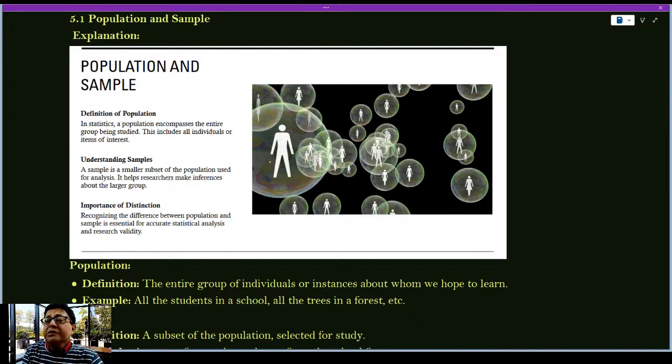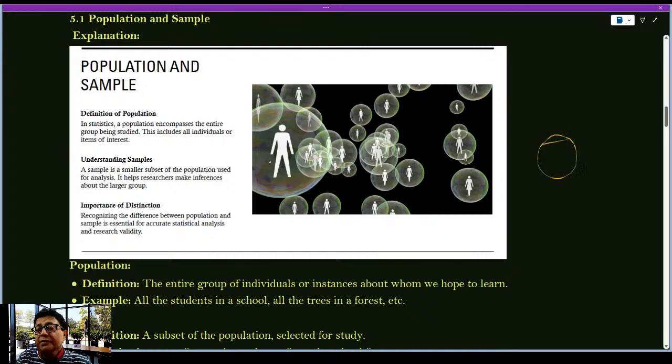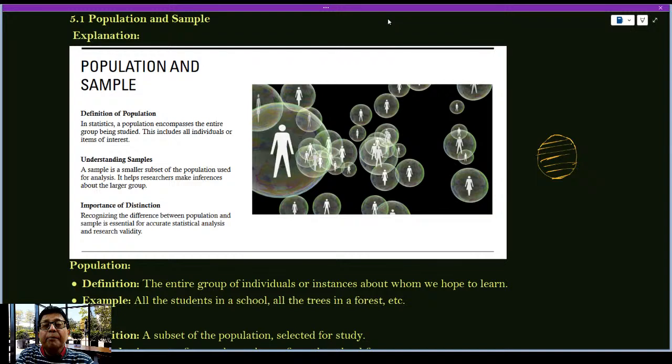If I go by the set of whole population as one set, this is the set. Okay? This we can state as population. A smaller part of it or a subset of it can be considered as the sample.